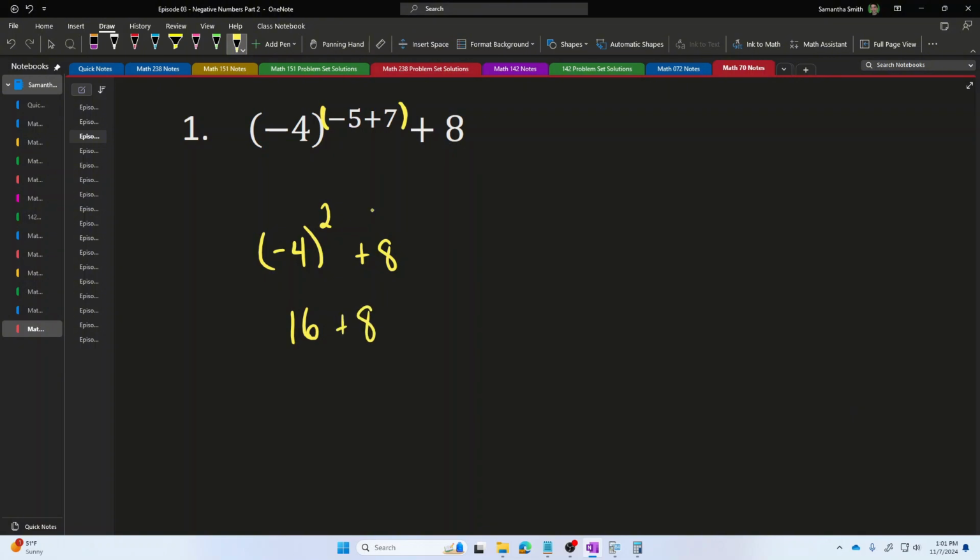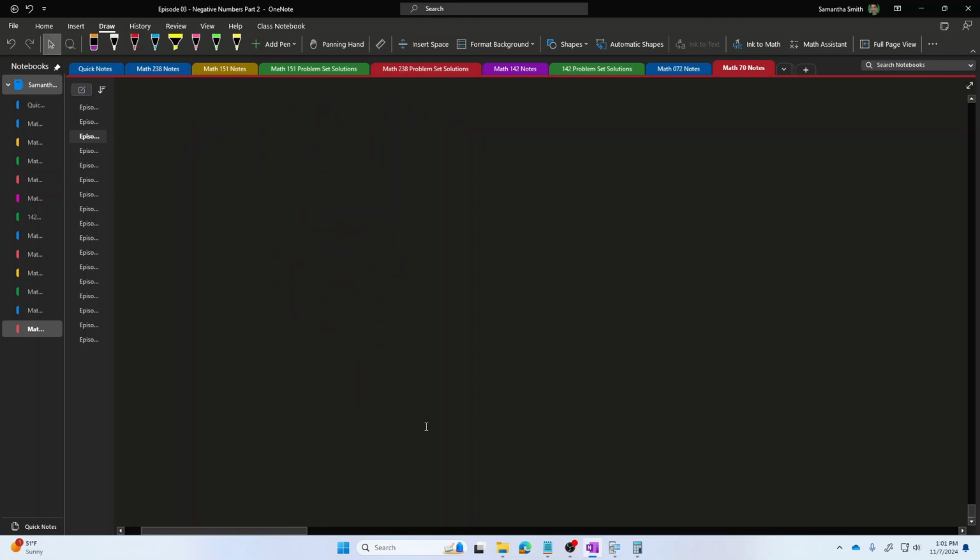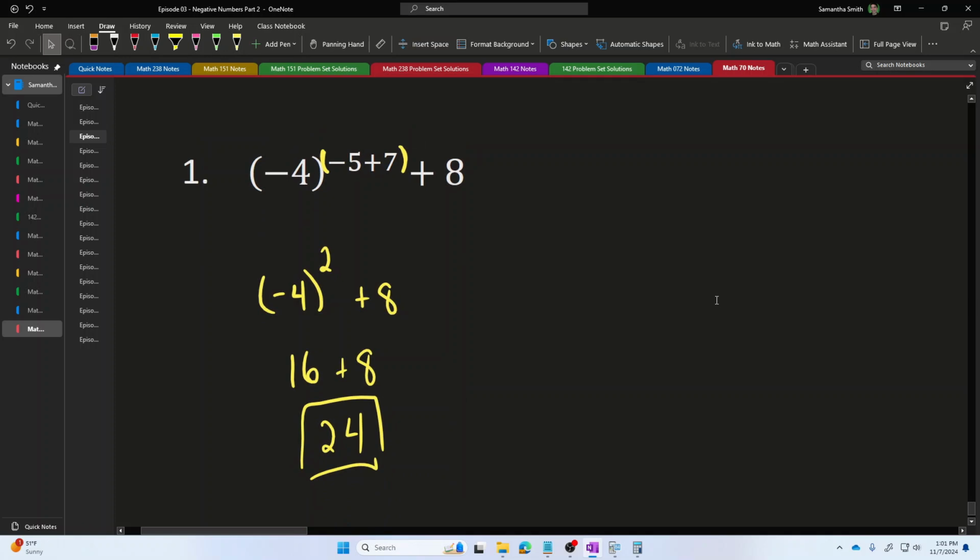Positive 16 plus 8 would be 24 units. So those are some example problems using PEMDAS when you have negative numbers around.